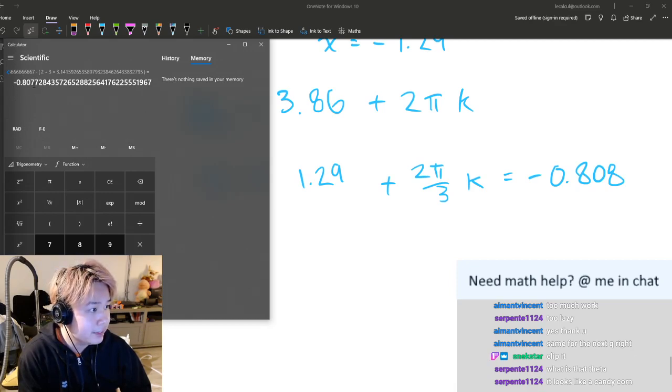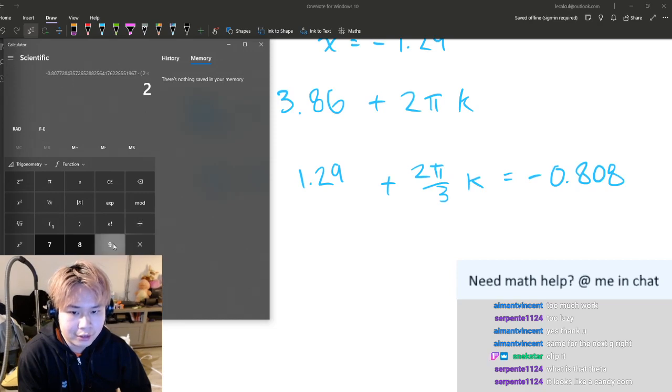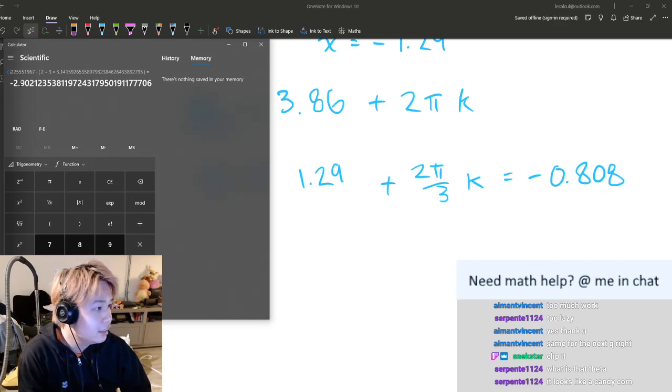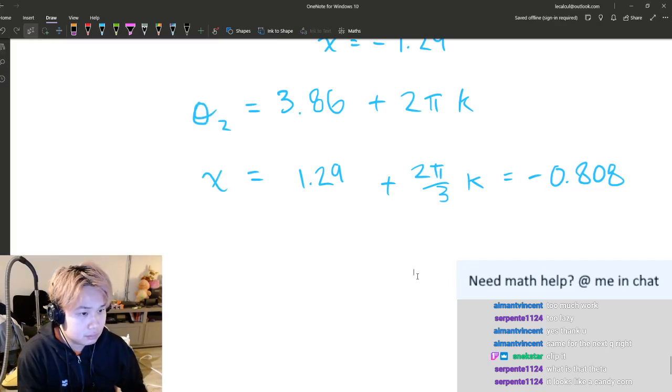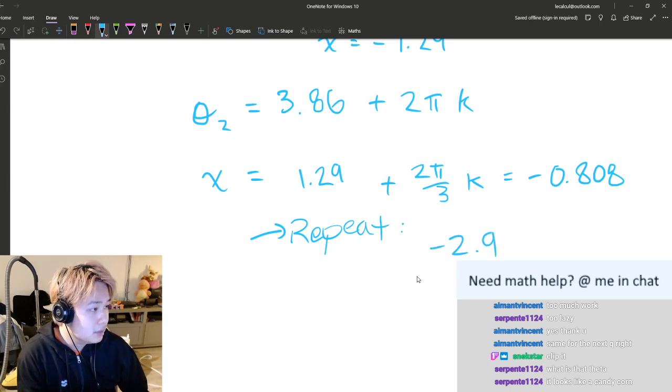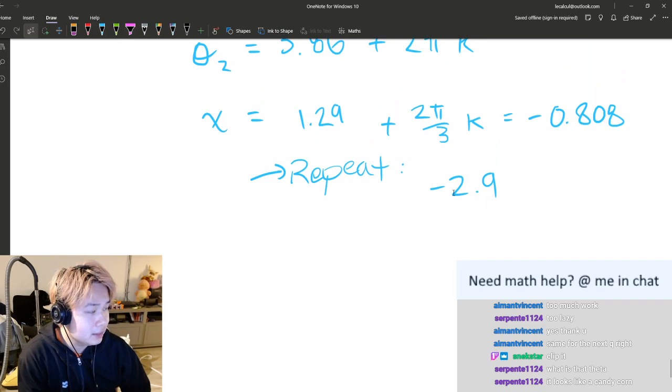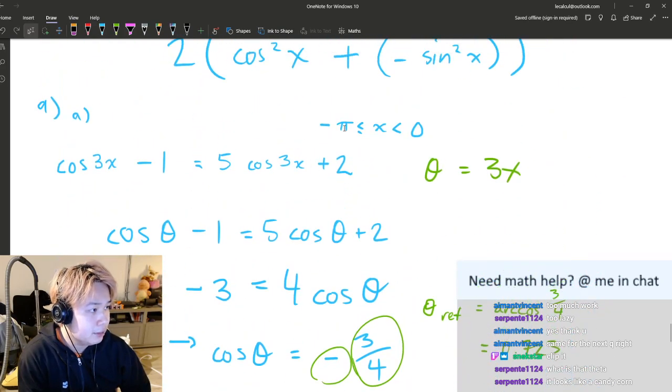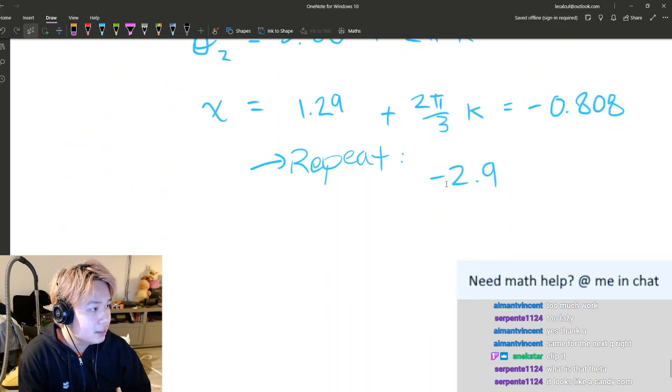So again, starting here, if I subtract another 2 pi over 3, I get negative 0.29. And again, we know that this is in the domain because the domain is negative pi, which is negative 3.14.